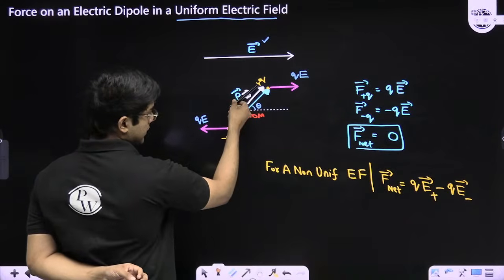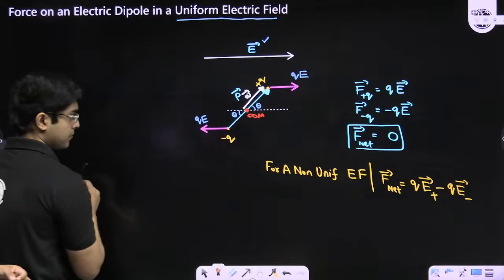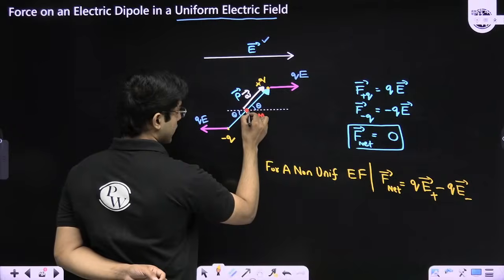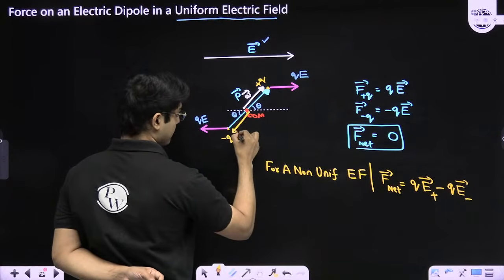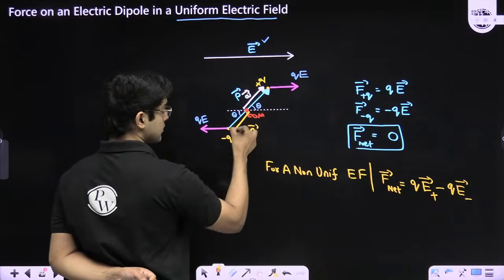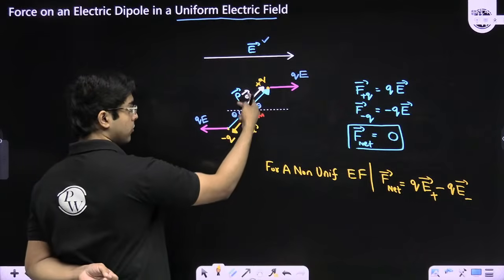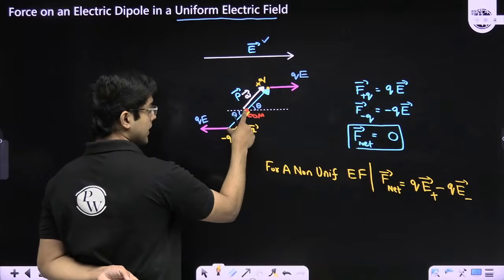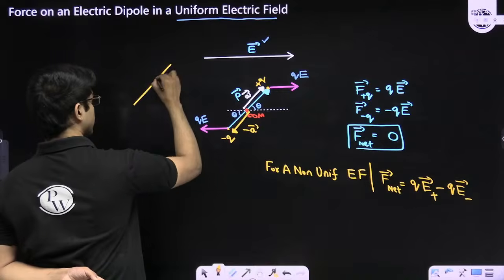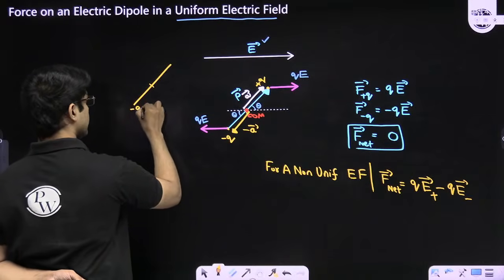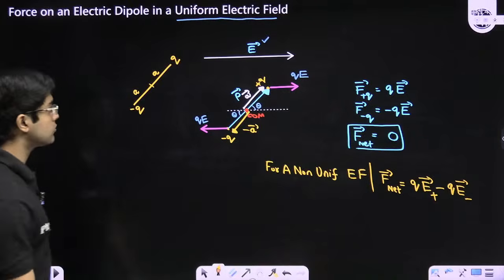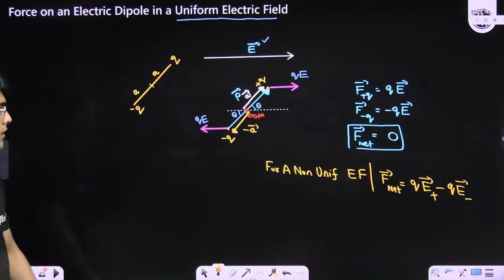The direction of A vector is in the direction of the dipole moment vector. And the position vector from the center to the minus q will of course be minus A vector, right? Its direction is opposite to A vector, and this length is the same as the other length. In the previous session we discussed the dipole and said that the length of the dipole was 2a.